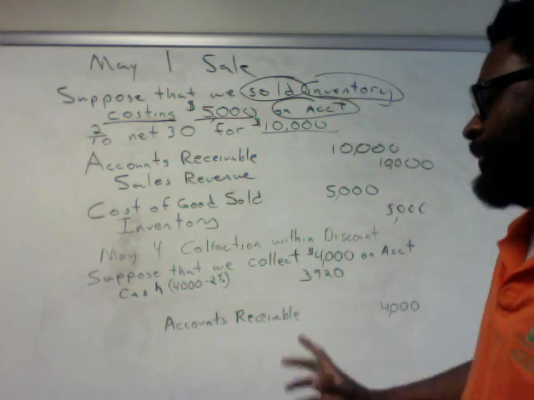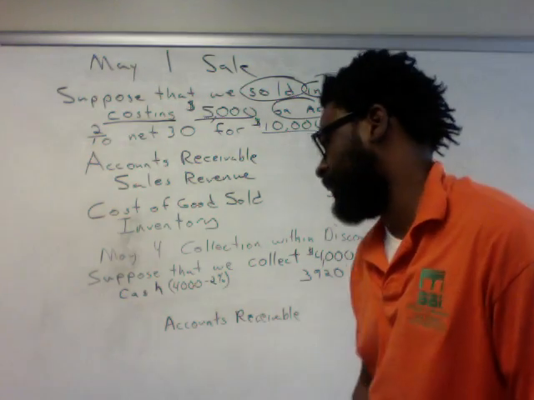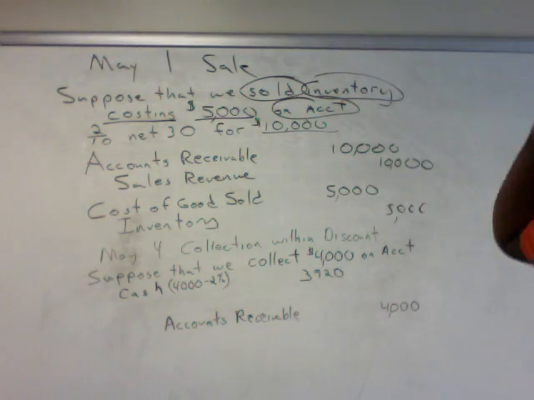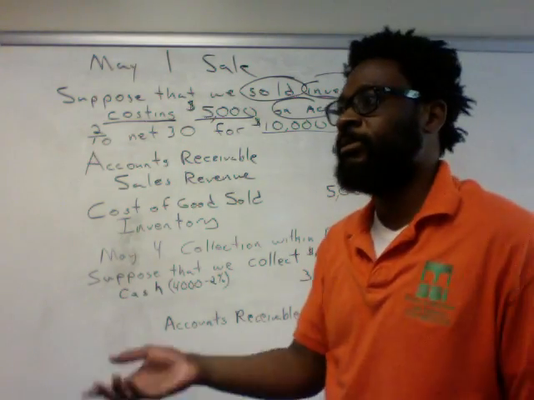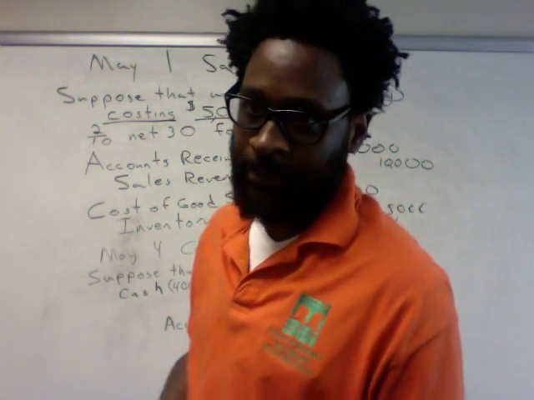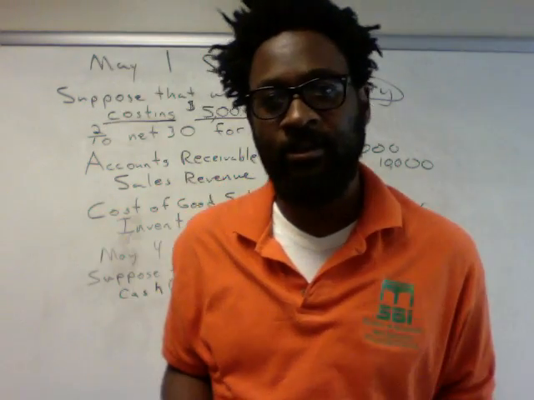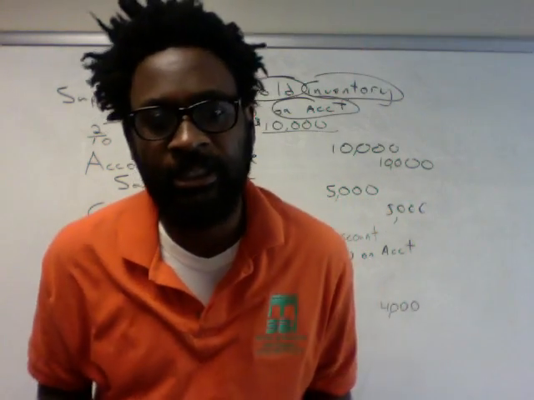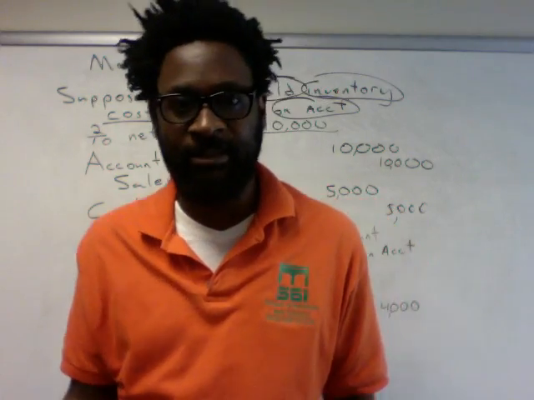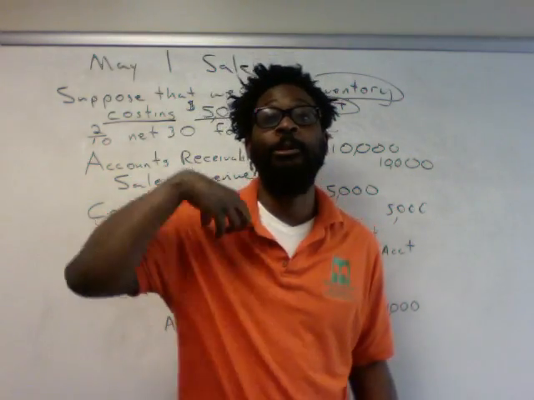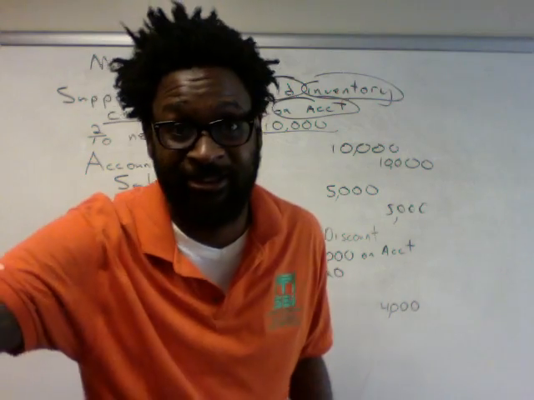What's going to happen? Think about this logically, okay? We first sold a product to somebody and we agreed that if they pay within a certain time frame, they will be able to receive a discount, right? So ultimately, that discount that we extended to them will affect how much we actually generated in sales.